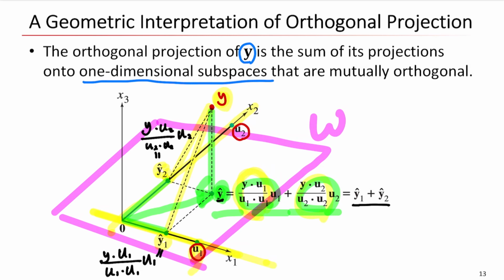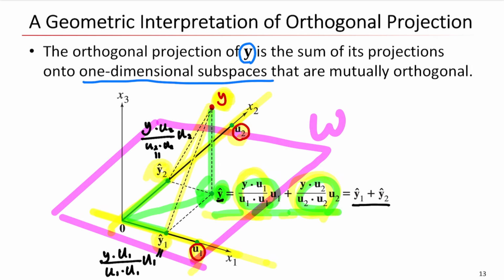And then this term is related to projecting vector y to this line spanned by u2, right? So the y hat should be this term plus this term, right?